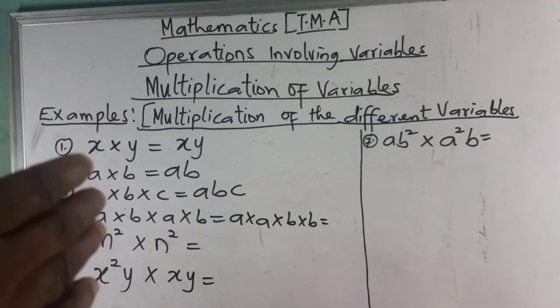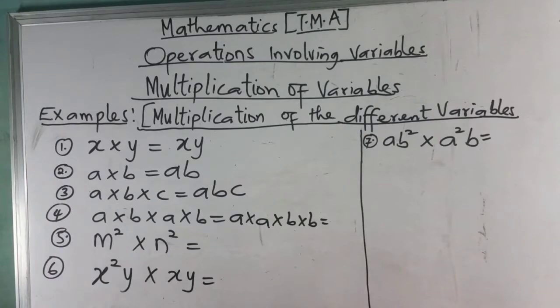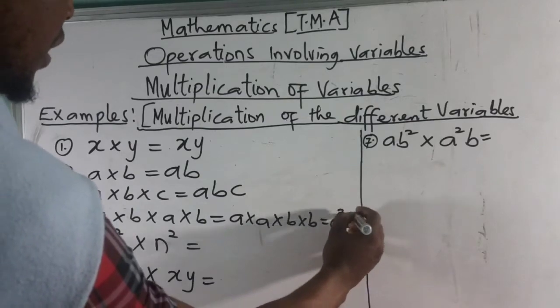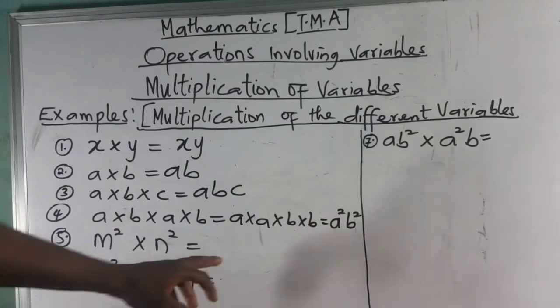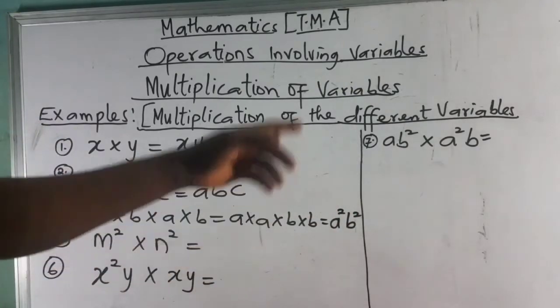But because they are different, I have a squared, then b squared. The same law is still applicable there. They still have to come together. So here I have a squared b squared, and that is the final answer.